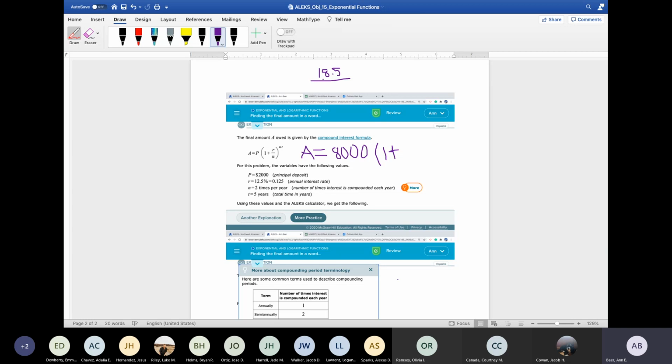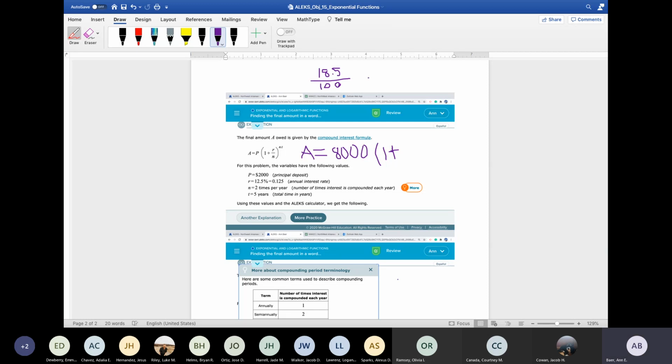So parts per 100, we want 18.5 parts per 100. And I'm going to go find out what that is on my calculator. 18.5 divided by 100.